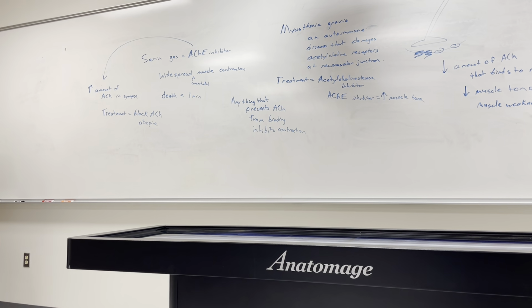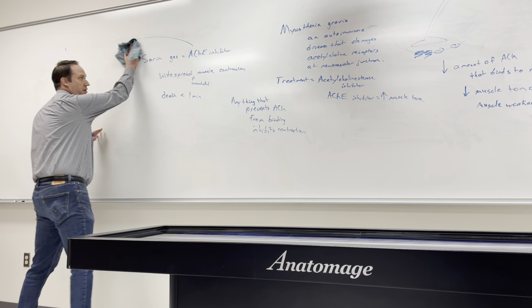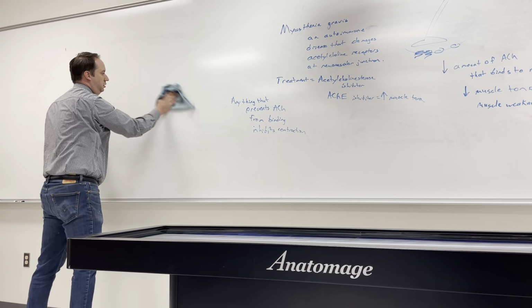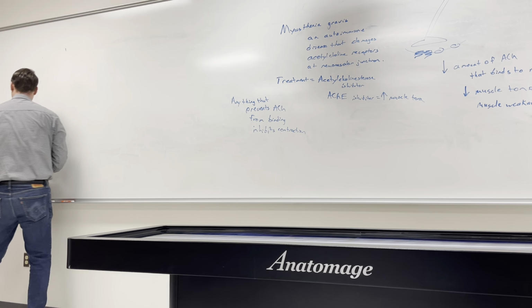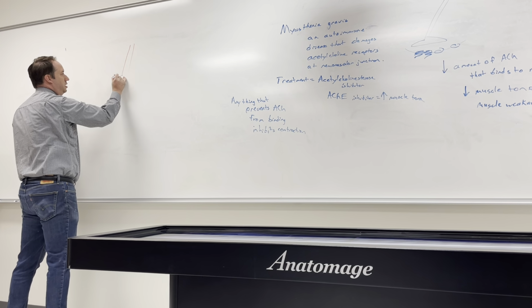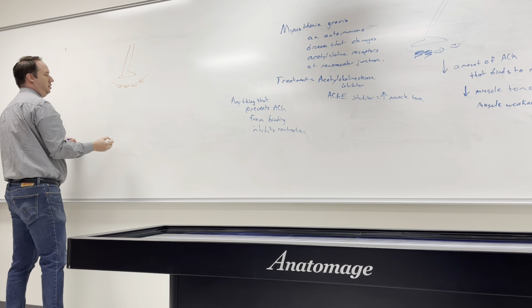So let's think about this. Things that we could do to prevent acetylcholine from binding. So again, we've got a neuron, motor end plate, acetylcholine receptors here.